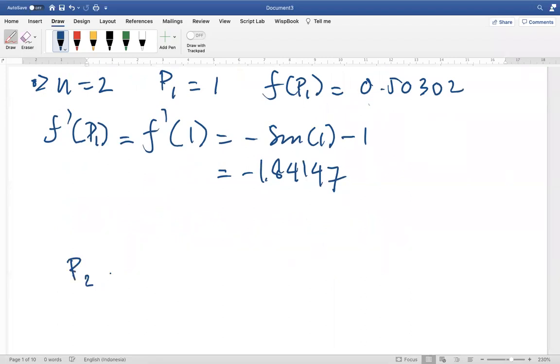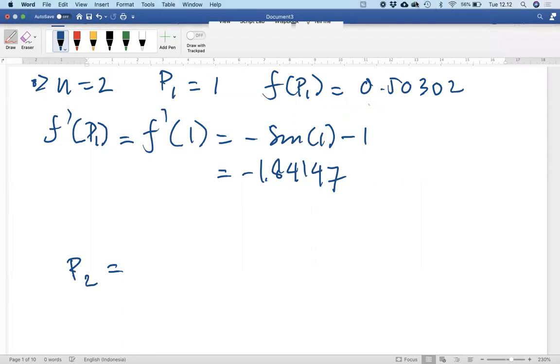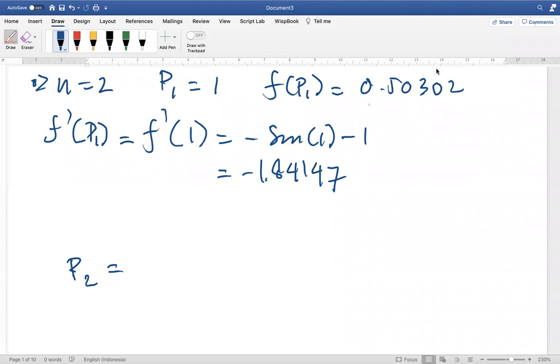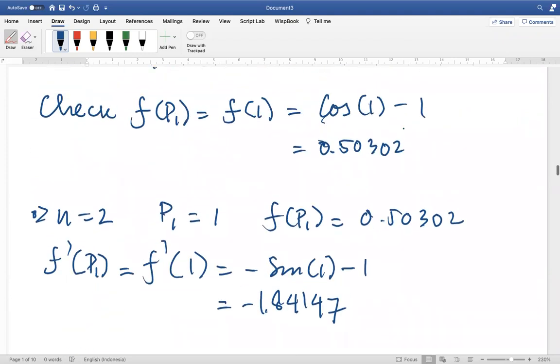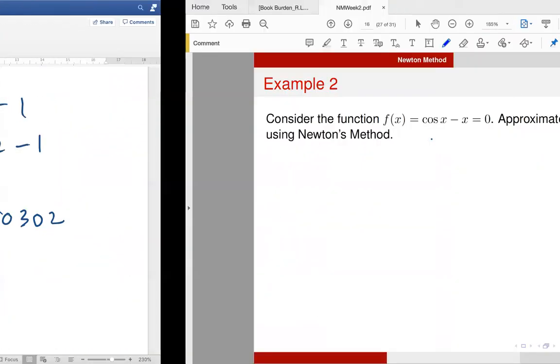Yeah, p2 equal to... cos 1 has not been reduced by 1 yet. Let's see. Oh yeah, it does not minus 1 yet here. Thank you. Okay, let's see. How much is that?